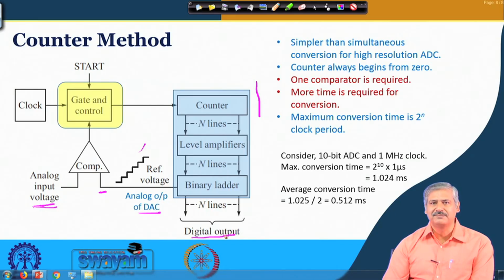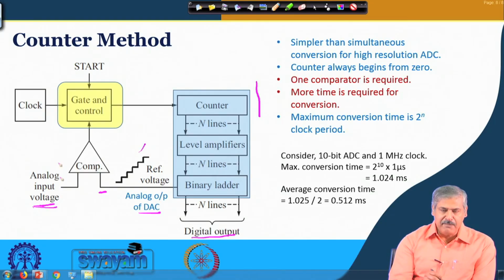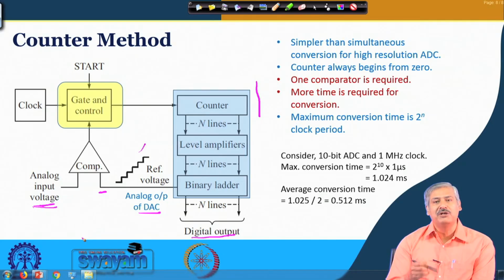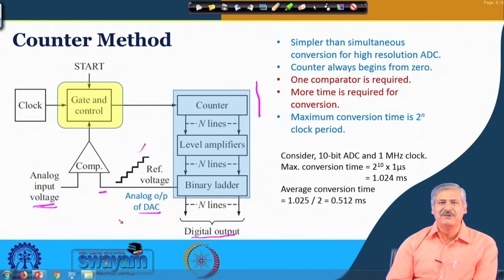Is it clear? So, one comparator is comparing the value in each clock cycle against the counter output converted through a DAC. That is why we actually started the discussion of ADC with DAC, because this ladder network is inherent in this type of ADC construction.